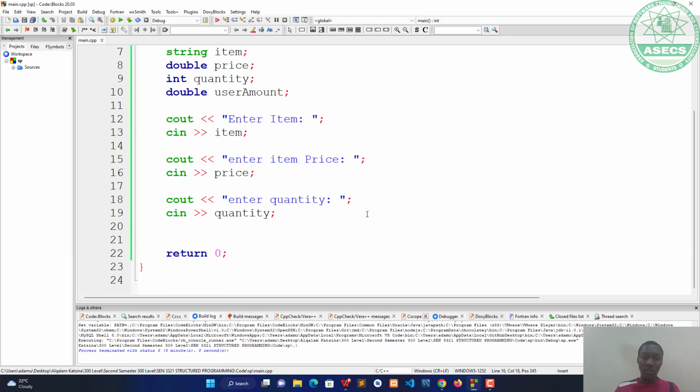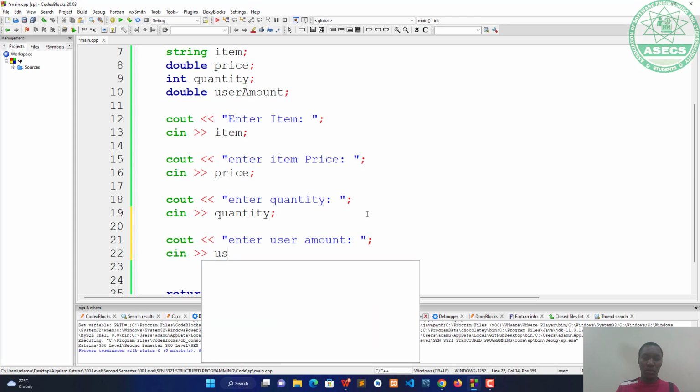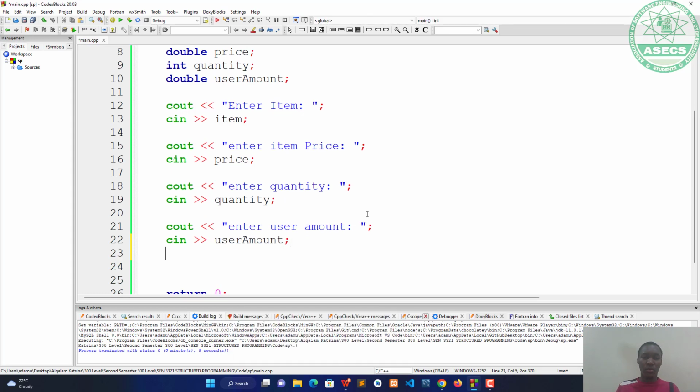Then the user amount itself should be cout enter user amount. Alright. Then it should be this. Then it should be user amount.